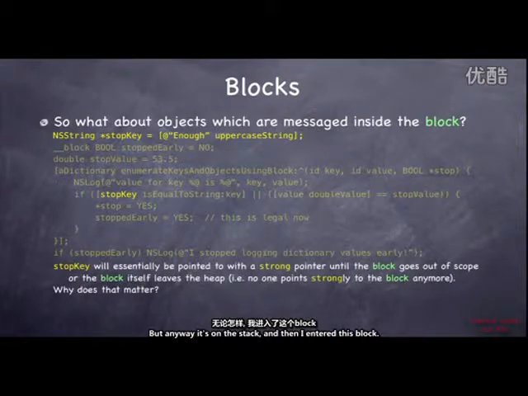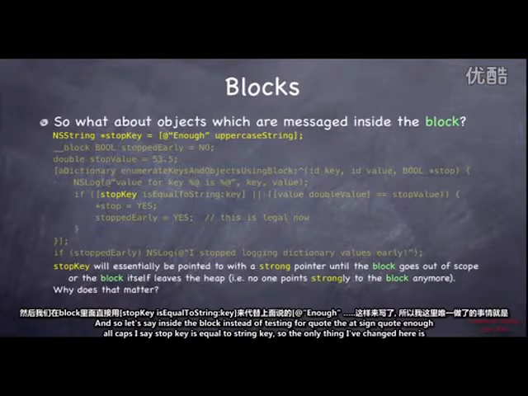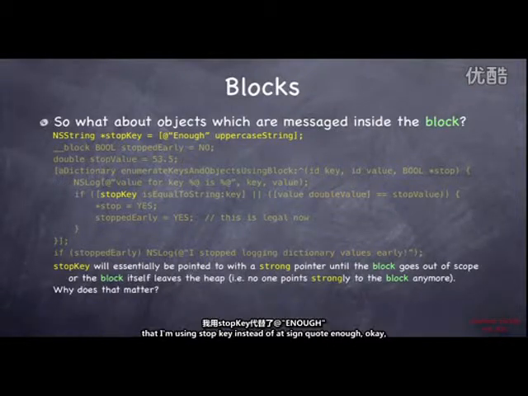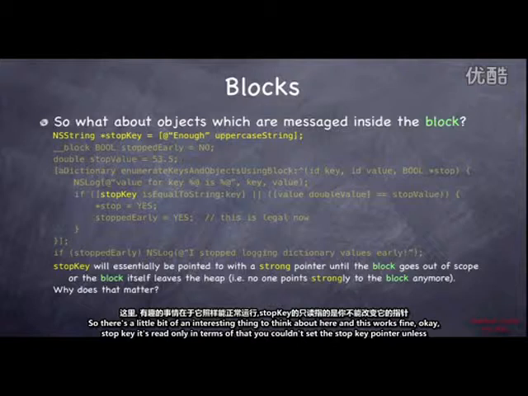But anyway, it's on the stack, and then I enter this block. And so let's say inside the block, instead of testing for quote @enough, all caps, I say stop key is equal to string key. So the only thing I've changed here is I'm using stop key instead of @enough. Everything else is the same. So there's a little bit of an interesting thing to think about here, and this works fine.